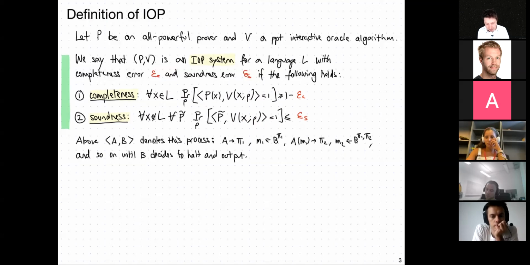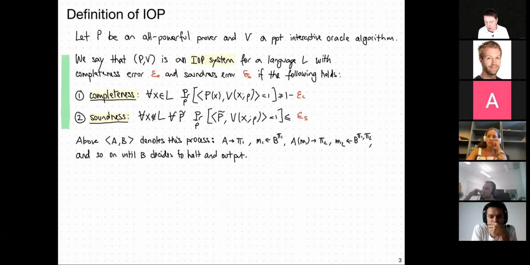To make it clear, here the notation a comma b inside angle brackets denotes the process where the left algorithm, in this case the honest prover or the malicious prover, sends a message, and the right algorithm b, in this case the honest verifier, has oracle access to that message in order to produce the next one.